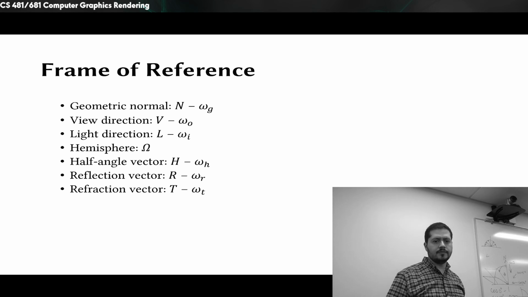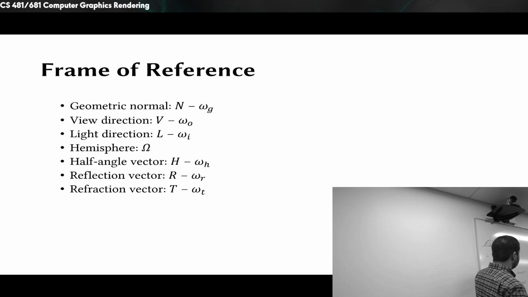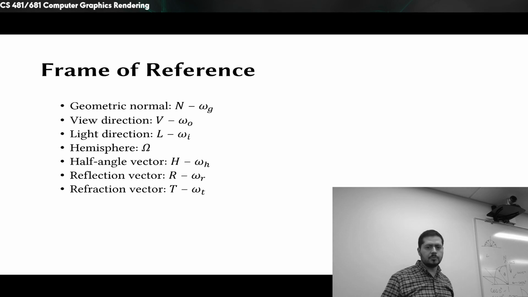Okay, so we have the geometric normal, n. Now there's also a corresponding physics notation that goes along with this. Does anybody remember why we have this physics notation in the computer graphics world? I've mentioned it in class a couple of times. We have omega here, capital Omega.